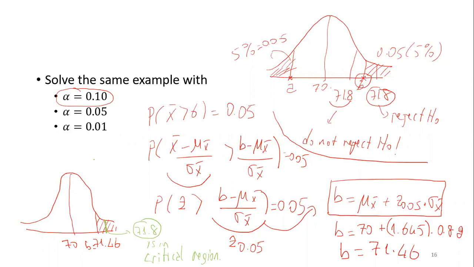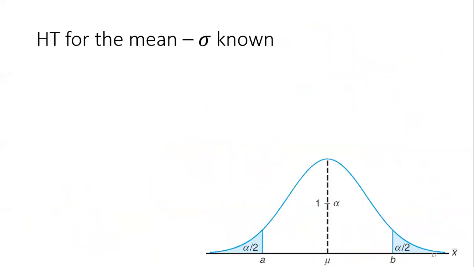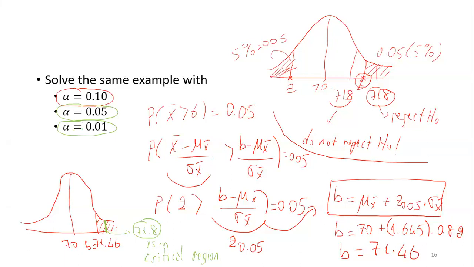So you can just do the same thing with alpha equal to 0.05, alpha equal to 0.01, and so on and so forth. You can check this with different values of alpha. But remember, for different values of alpha, your observed value 71.8 will not change, but this red region will change.